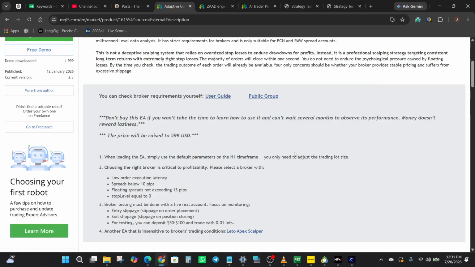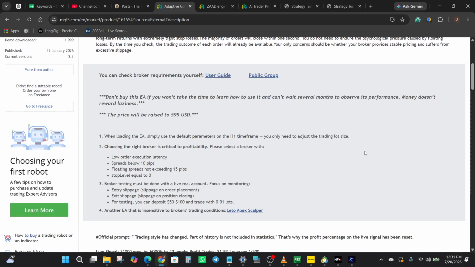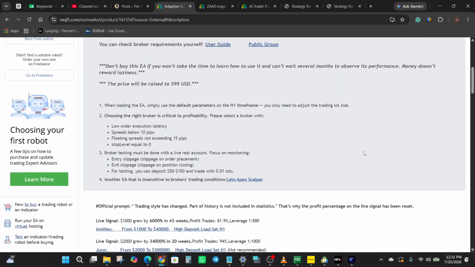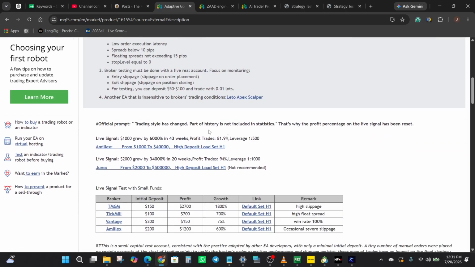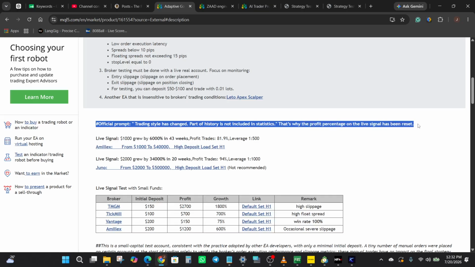It's not included in the live signal statistics. We can see how it was written here. The official prompt: trading style has changed, part of history is not included in statistics. That is why the profit percentage on the live signal has been reset.